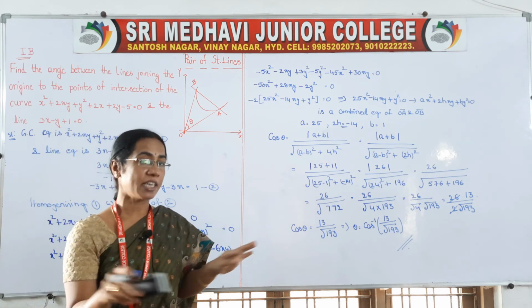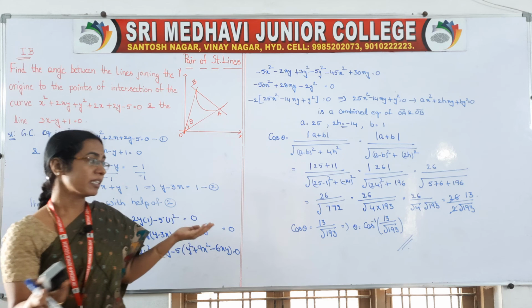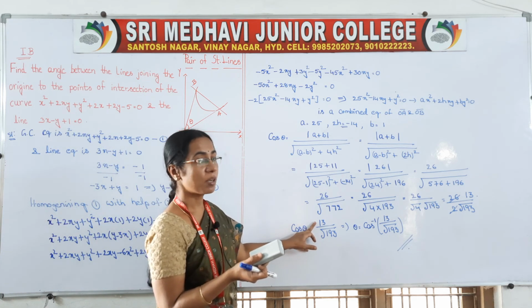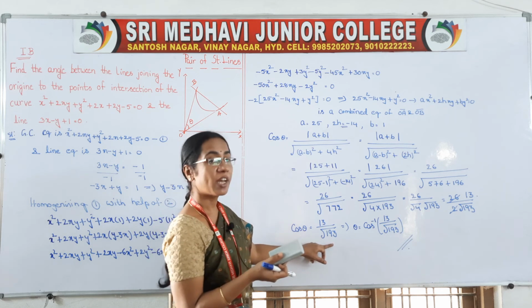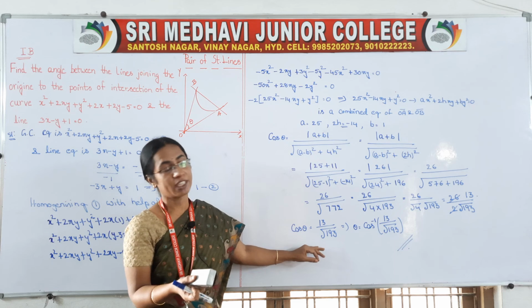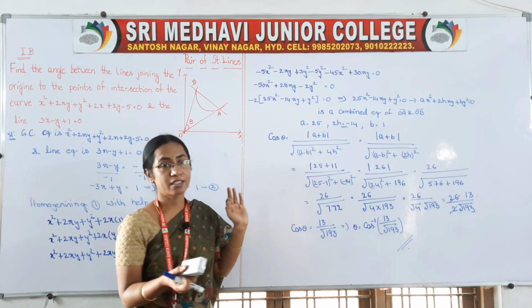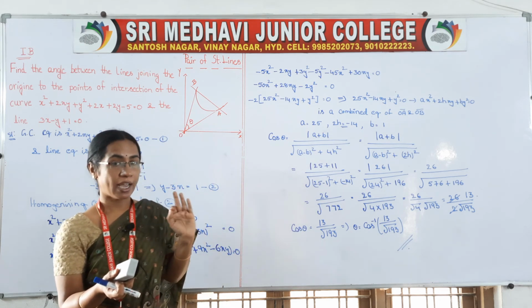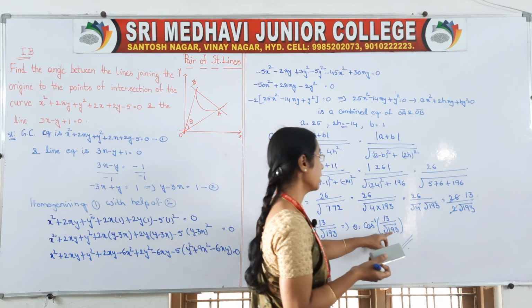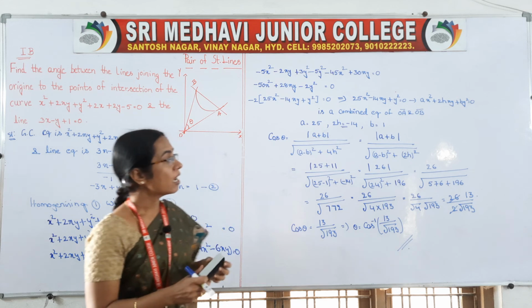That means if the cos value is within the table, then directly we write theta. But here in this problem we got 13 by root 193. It is not in our trigonometric table, right? That's why we send cos to that side. We need only the theta angle value. So theta is equal to cos inverse of 13 by root 193 is the answer.